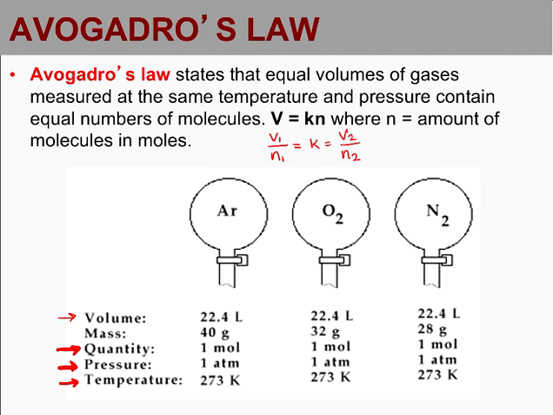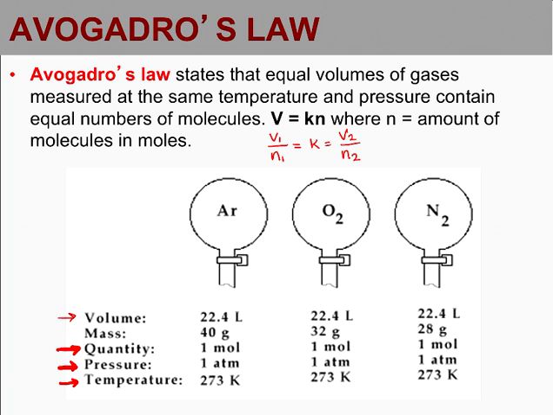So again, equal volumes of gases measured at the same temperature and pressure contain equal numbers of molecules. So this is something that's very particular to gases. If you have the same amount of different types of gases and they're at the same temperature and the same pressure, they will all have the same volume.